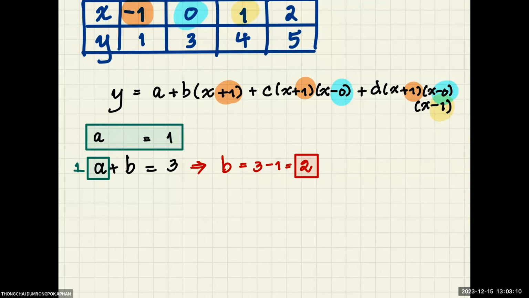The third equation gives a plus b, which is 2, times x, which is 1, plus... a is 1. Let me write that down so no one will be confused.